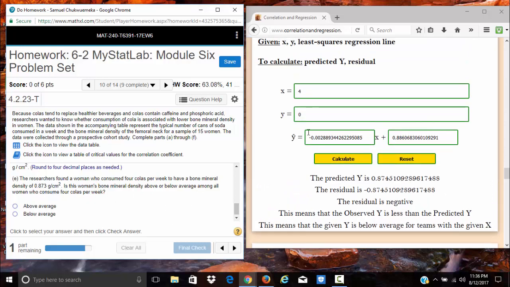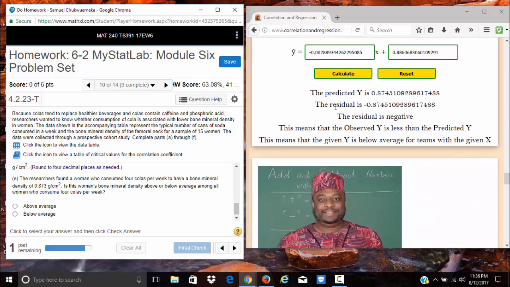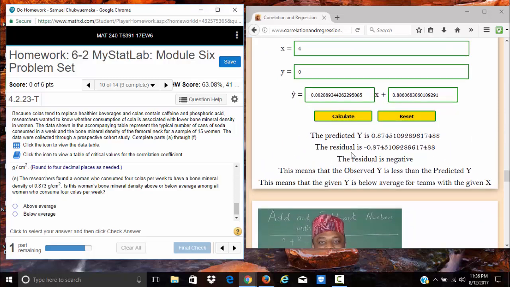So, for 4 colas per week, you see the predicted y is 0.874. That's the predicted y. But the woman had 0.873. Please don't look at the residual for now.